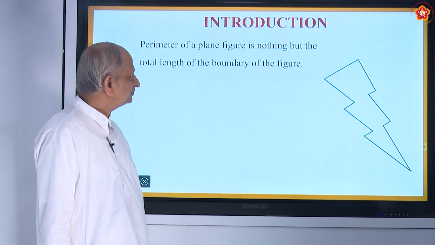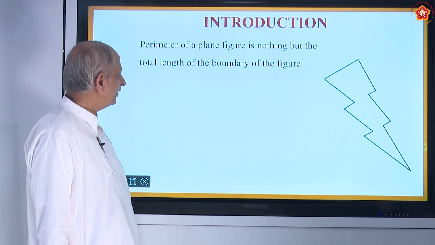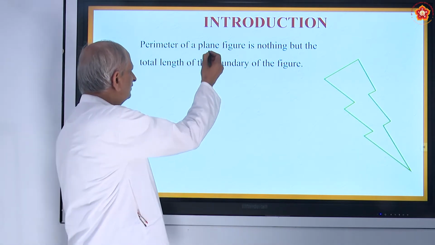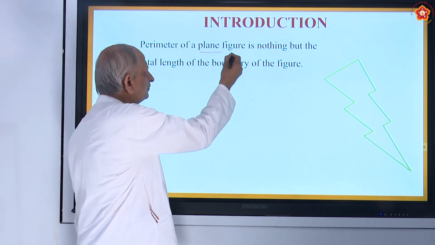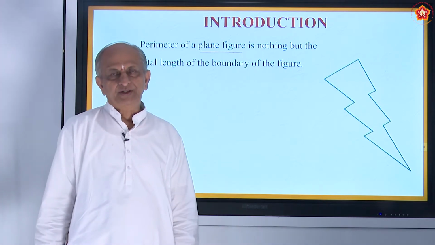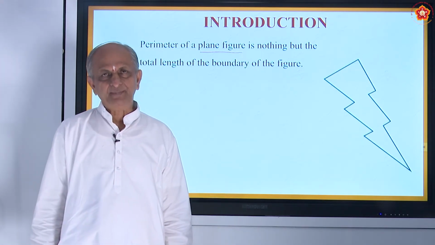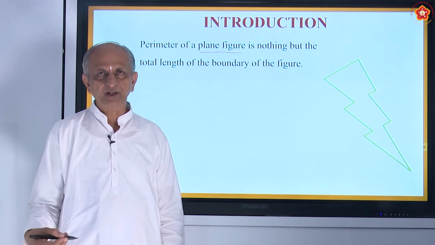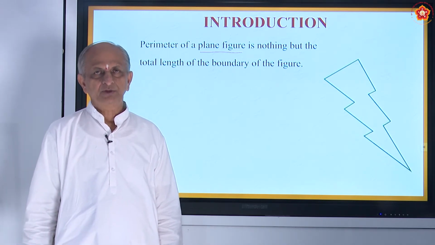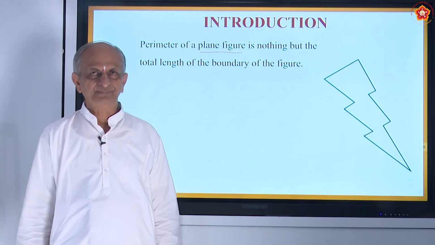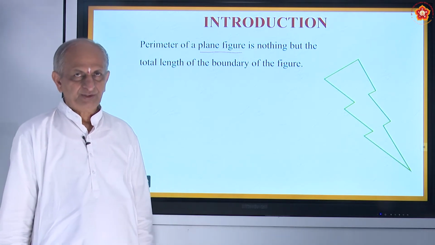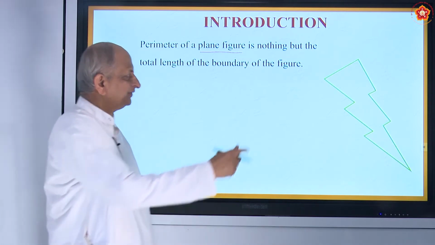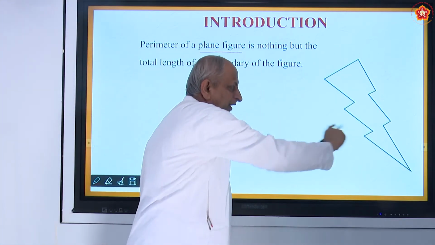First of all, you should know what is meant by a plane figure. A figure is something which can be drawn on a board, or on a paper, or on any plane. That is called a figure. It has two dimensions. You can see here, it is a figure.